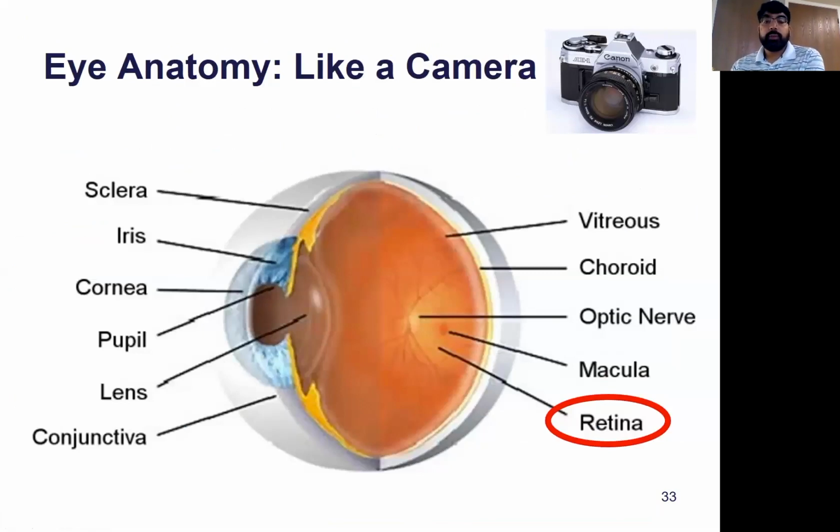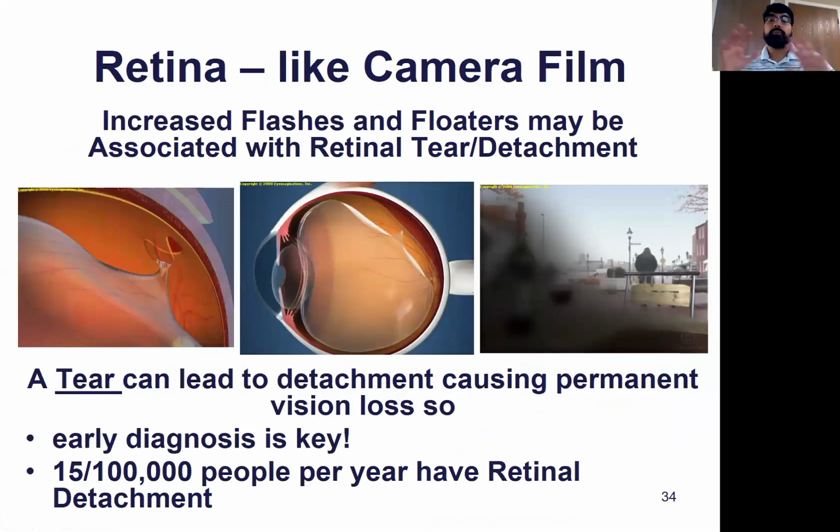So moving on to the retina then, which is the back layer of the eye, the back wall, lining the front of the back wall, or the most interior part of the back wall. The retina is nerve tissue, it's an extension of the brain, and it's like film in a camera. When you have increased flashes and floaters, it may be associated with a retinal tear or detachment, because the tear itself occurs when the jelly pulls on the retina, usually, if it's not due to trauma or other causes.